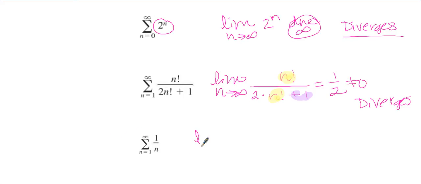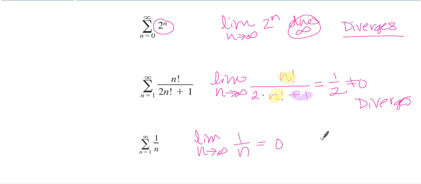Let's take a look at this one. Limit as n approaches infinity of 1 over n. This is a famous, often used series called the harmonic series. We'll talk about it next week. So as n approaches infinity of 1 over n, we get 1 over infinity, so the limit of this thing is going to be 0.